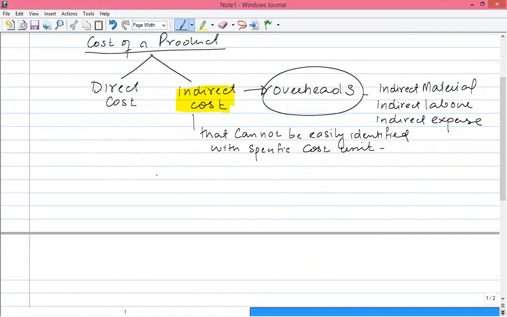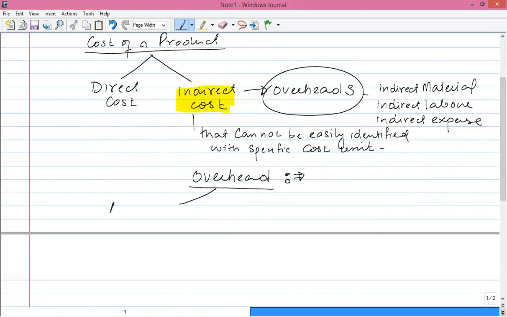The production cost center is directly involved in making the product, and the service cost center provides some sort of facility to the production cost centers to produce the product. So, in order to calculate the overhead cost per unit, first of all, we have to understand how we will do this. This can be done in stages.